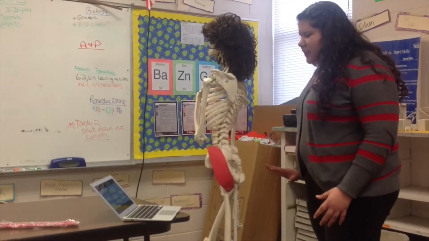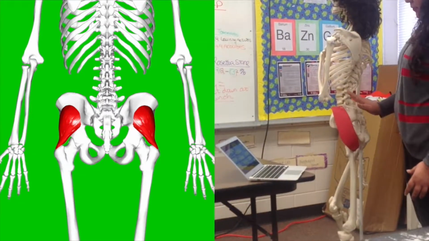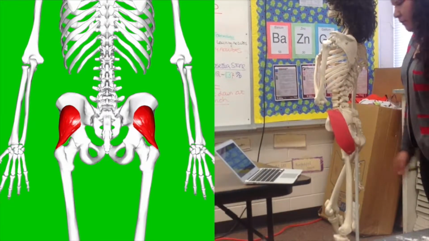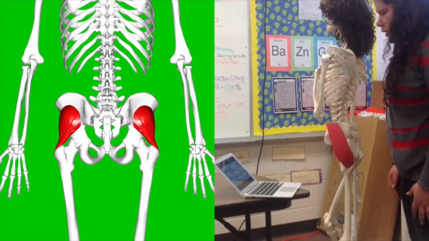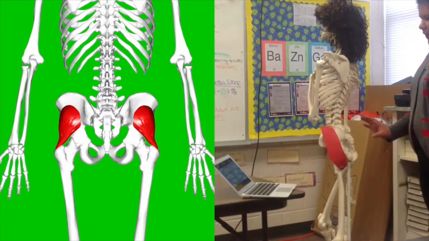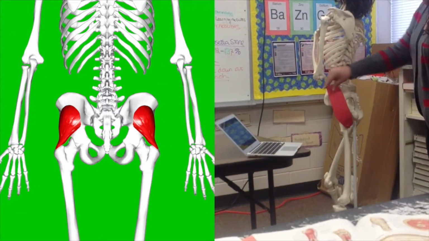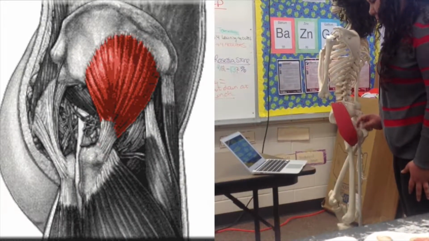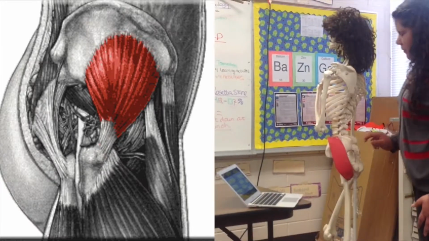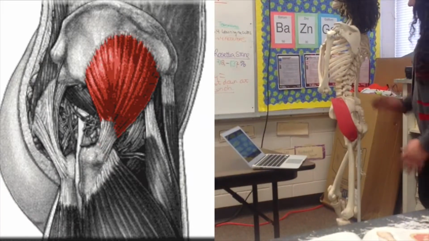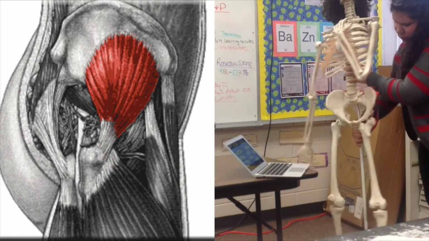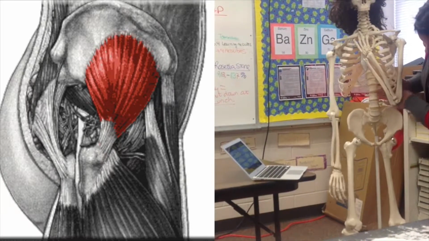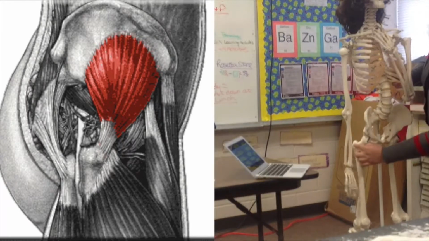Now we have the gluteus minimus, right there where your thigh will be located. For its origin will be the lateral surface of the ilium, so that will be the border of the ilium right there. For its insertion will be the greater trochanter of femur, and right there you can't really see it, but if you turn it around, it will be this part of the femur.